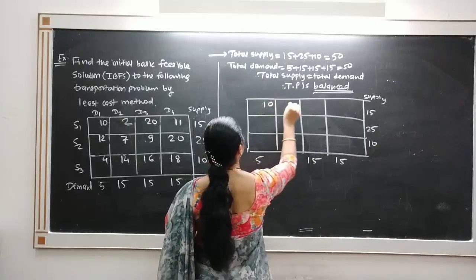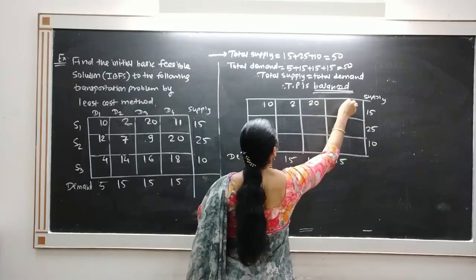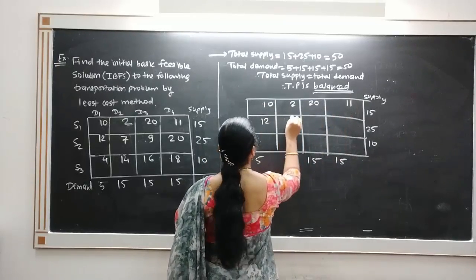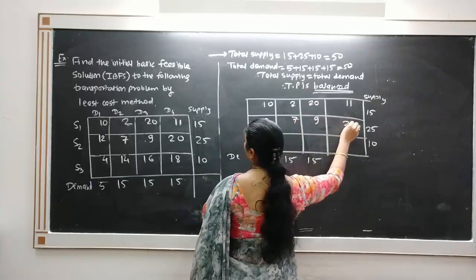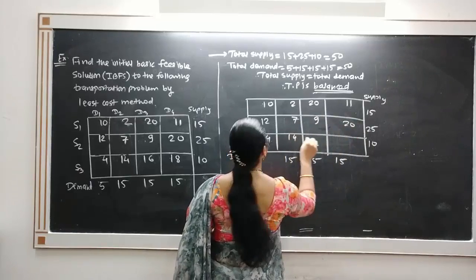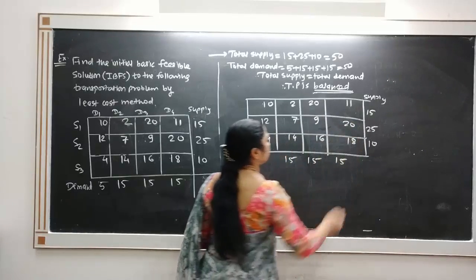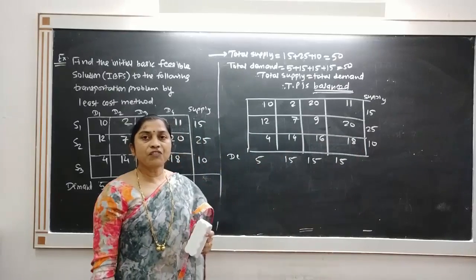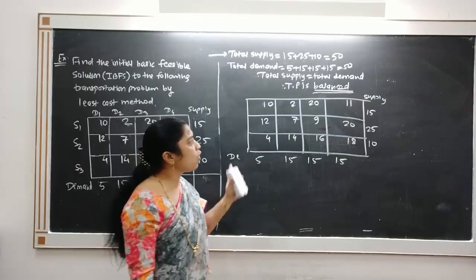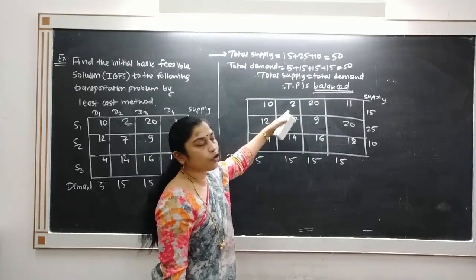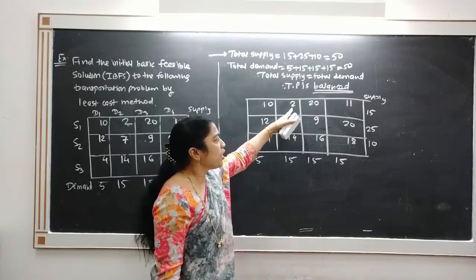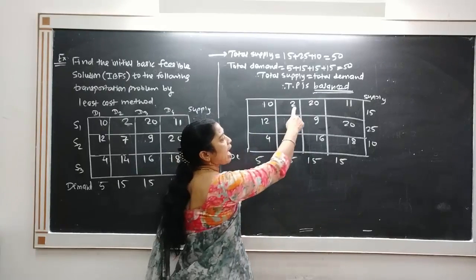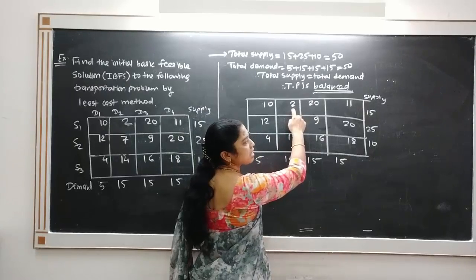Cost is 10, 2, 20, 11, 12, 7, 9, 20, 4, 14, 16, 18. So start with the lowest cost. Which is the lowest cost? That is 2 from the transportation table. 2 is the lowest cost, so allocate as much as possible to this cell.